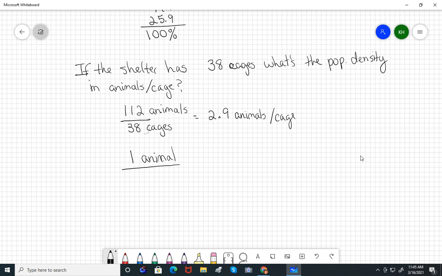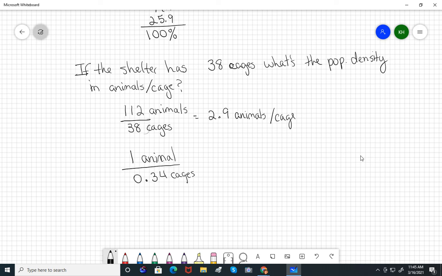If I do 38 divided by 112, I get 0.259, about a third of a cage. That makes sense. Each animal gets about a third of a cage. Each cage has about 3 animals.